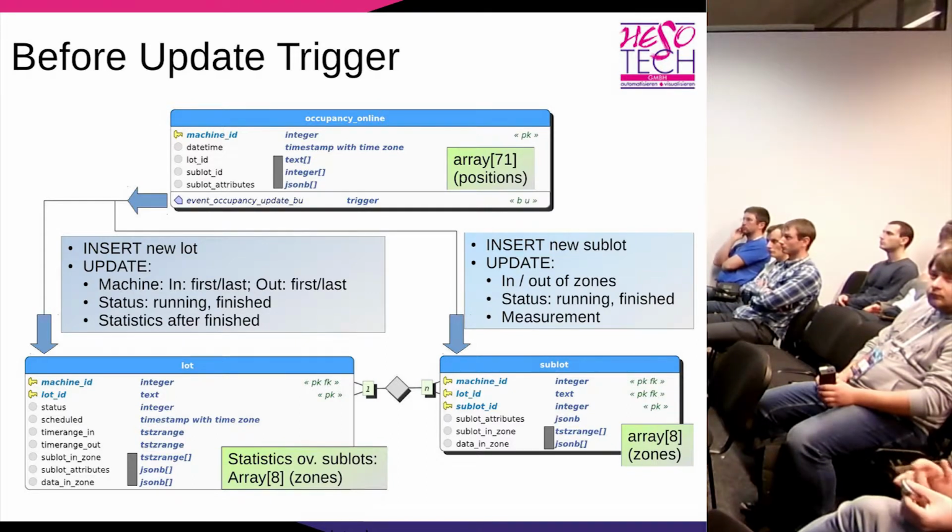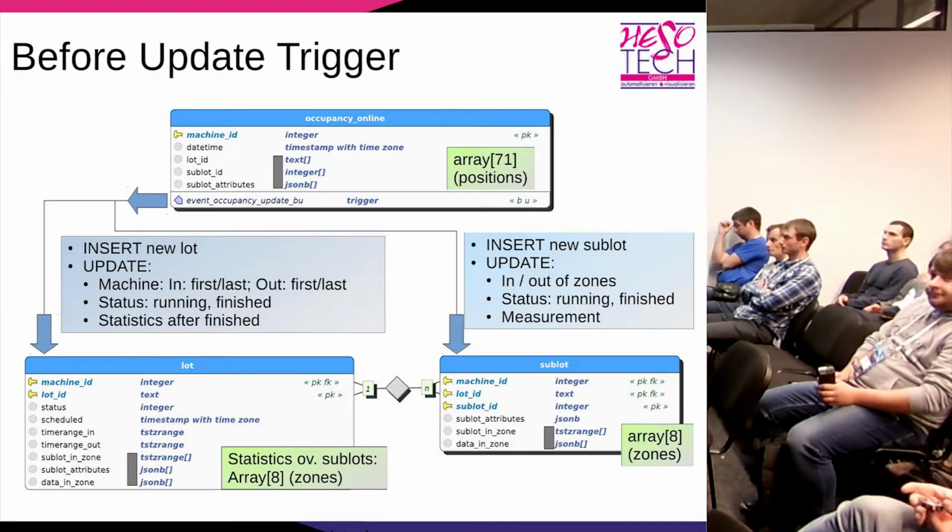If there is, after a push, a new situation of the occupancy, first of all we see: is this lot, the new lot which is on the scale place, known inside the database? If not, I generate a new row in the lot table. If so, it belongs to a certain machine, that is the name of the lot, and then there's a status, and then we have two range types of time zones.